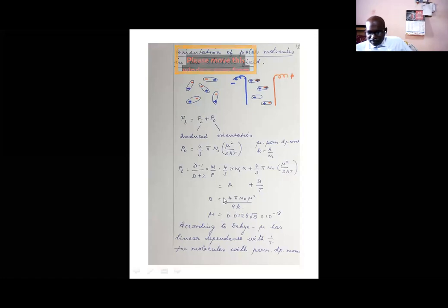In all this, mu is the only thing you don't know. Therefore, mu can be written as, if you substitute the values of Avogadro number, 3.14, k the Boltzmann's constant, mu is equal to 0.0128 square root of B into 10 power minus 18.